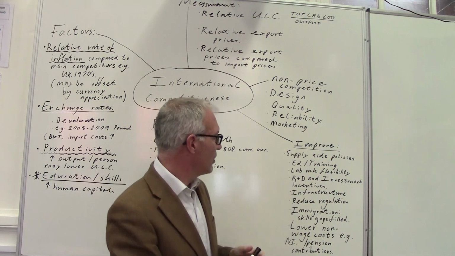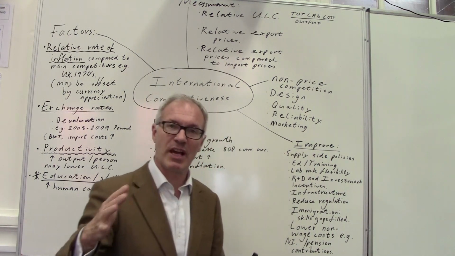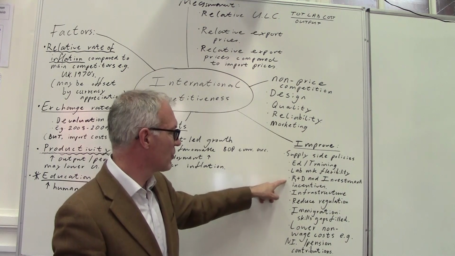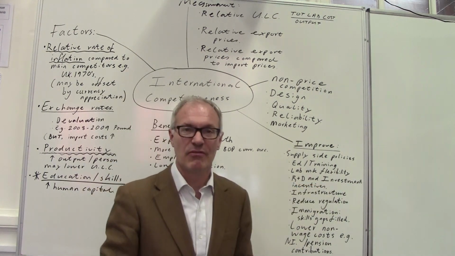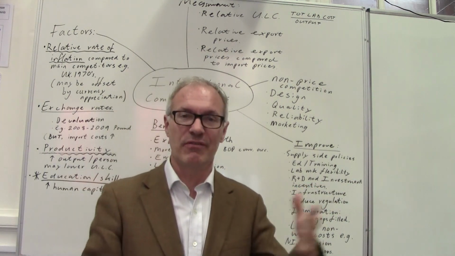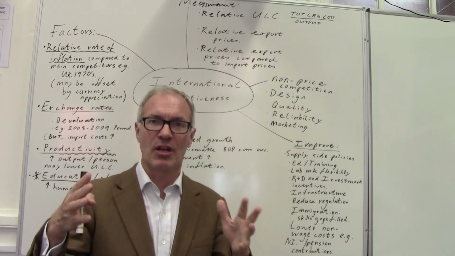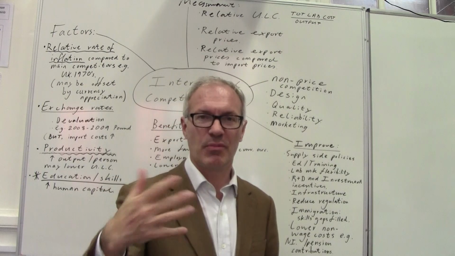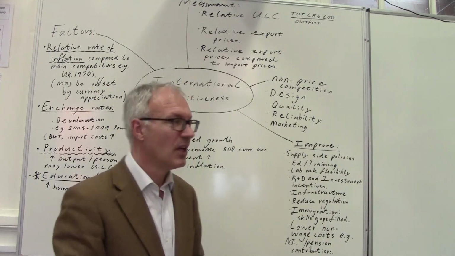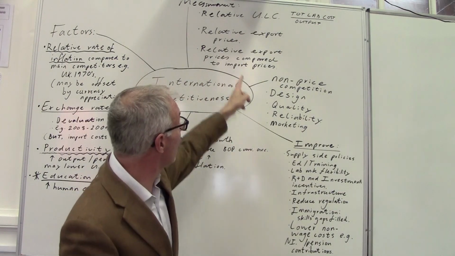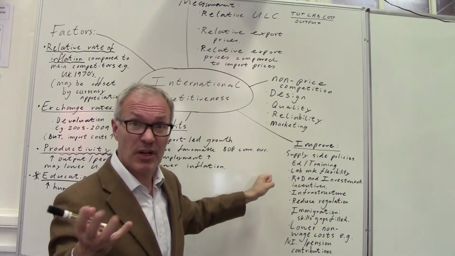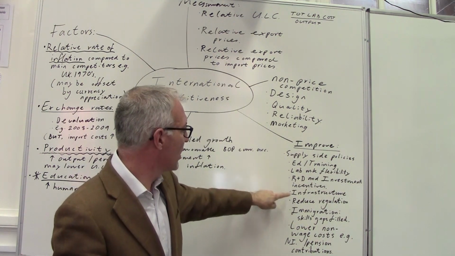Another area is incentives, such as tax incentives, to encourage research, development and investment. This encourages firms to develop innovative techniques which will lower labour costs as a proportion of your output and therefore lower unit labour costs, and boost price competitiveness.